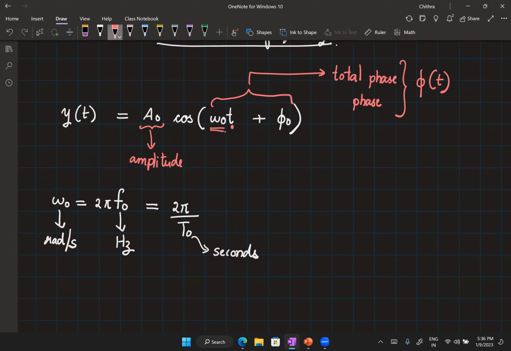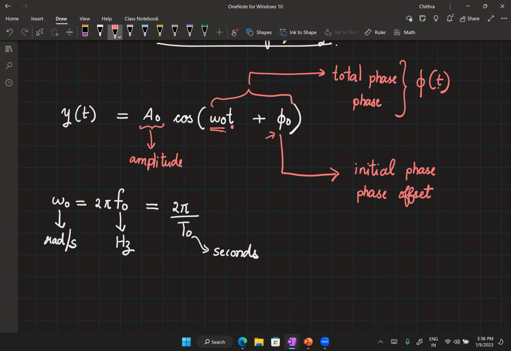Okay. So this phi naught is called either initial phase or phase offset. Now, you might have seen that in some contexts, when they refer to phase, they are talking about the phi naught, right?